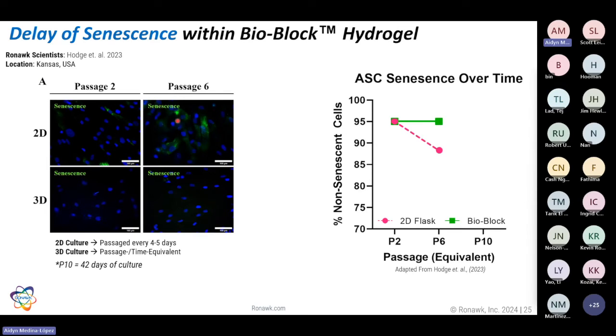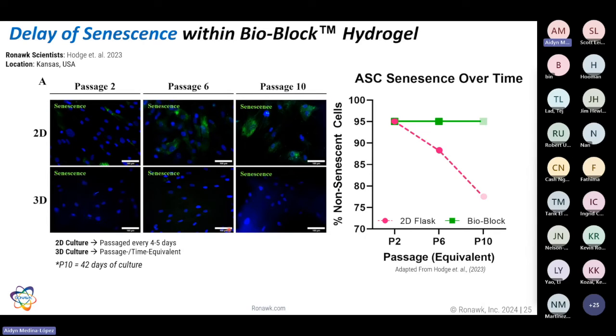By passage 6, we see an increase in that senescence, with a minimal increase in senescence for the three-dimensional matrix here. And by passage 10, that is significantly increased while we don't see that much change on the bioblock right here.